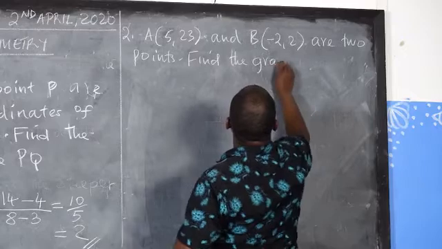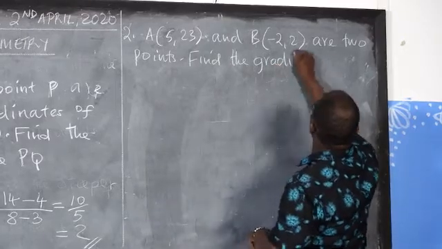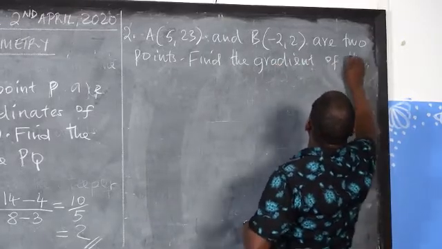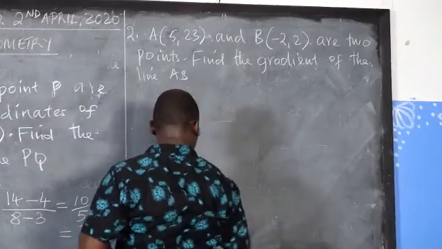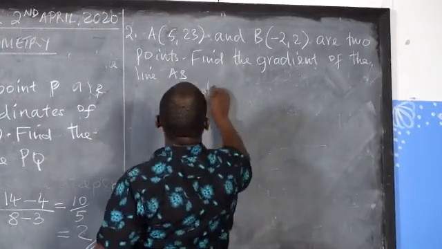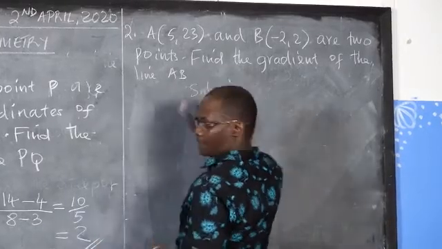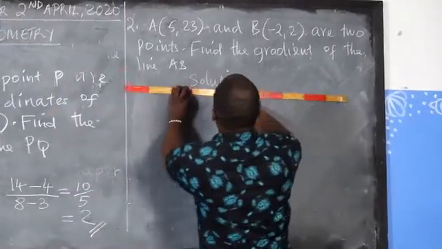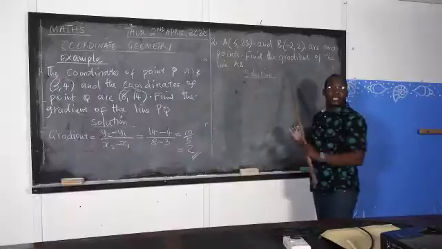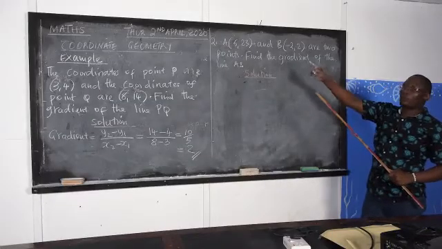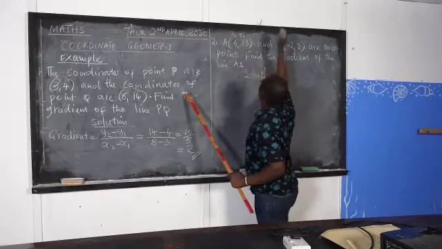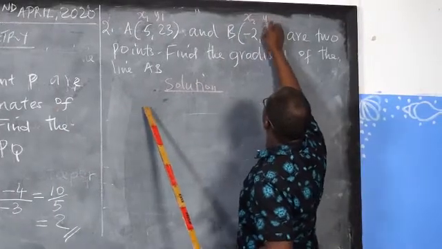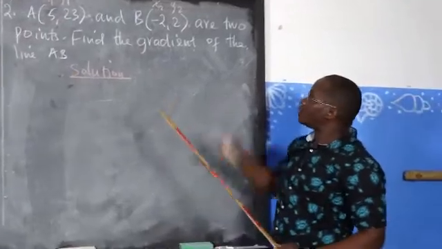Find the gradient of the line AB. So just like I said before, the first thing is to label the coordinates given. The first coordinate and the second coordinate. I insist you have to label them.